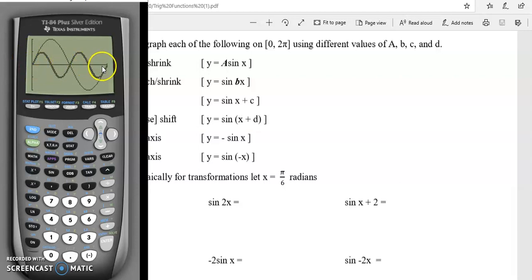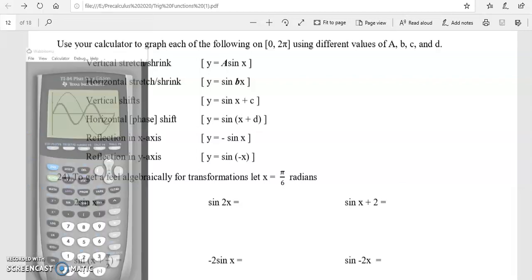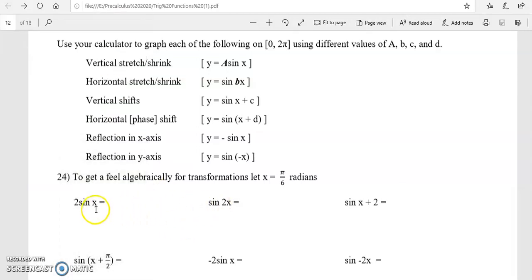So it's 0, pi, and 2 pi. But that should get you to see that 2 sine of x and sine of 2x, these are not the same thing. So you cannot factor 2 out in front of sine of 2x. That's extremely important to understand. You cannot just bring a number out in front of the sine like it factors. That is not how it works. So that's a huge mistake to make.